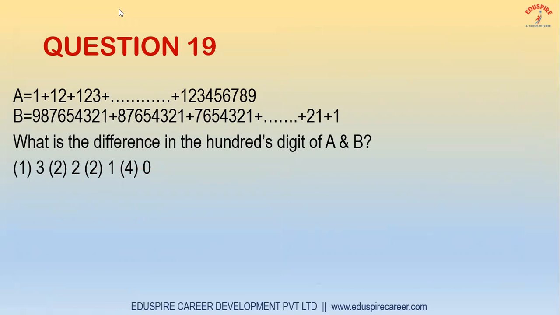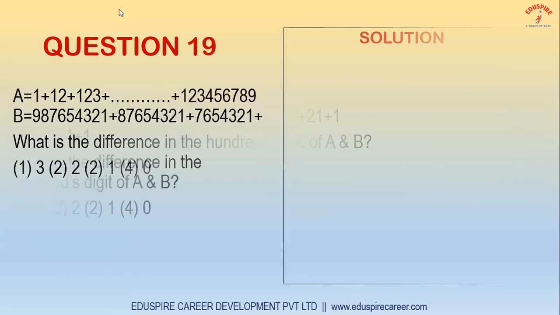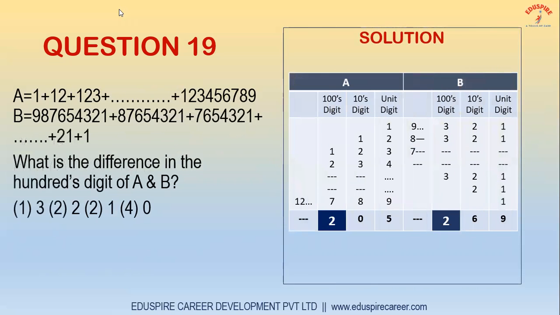So we have a typical situation where they're talking about place values, that is, the hundreds digit of A and B. So let's understand. If I look at A and B, you see the units place of A will be the summation of 1 to 9, which is 45. So if I have 5 in the units place for A and 4 goes as a carry, then we are talking about the summation of 1 to 8, which will be 36.